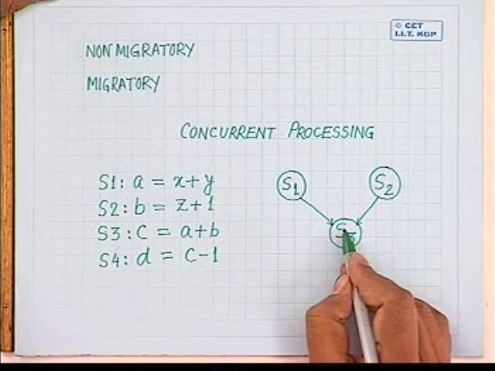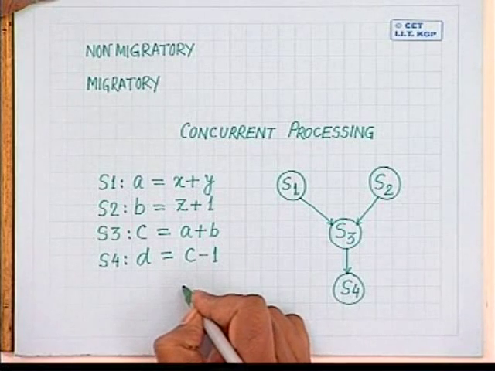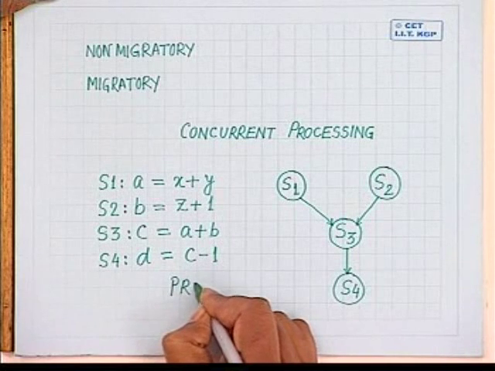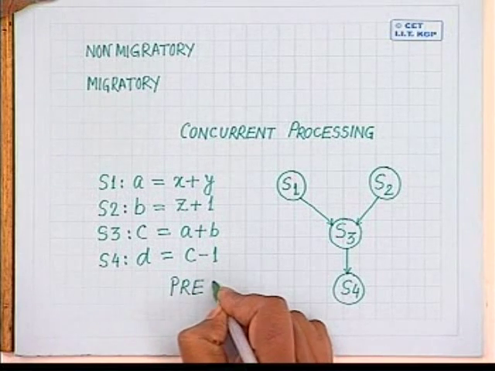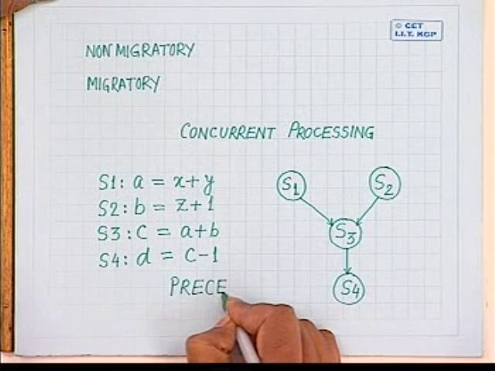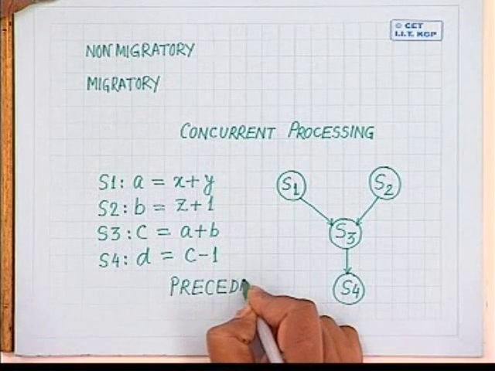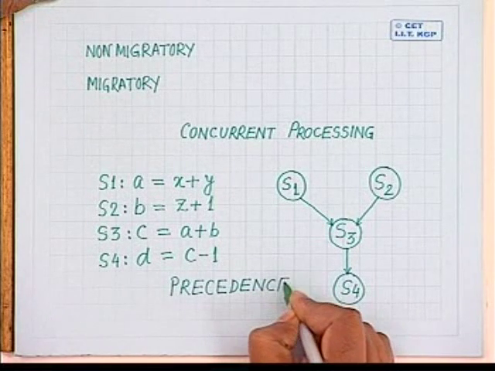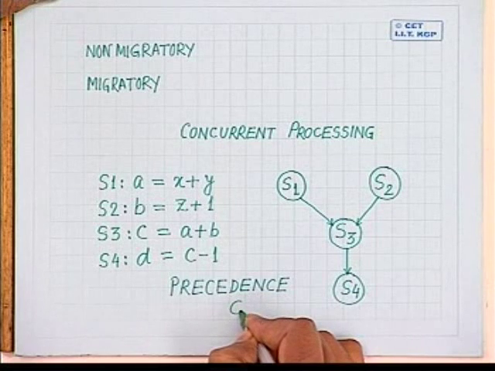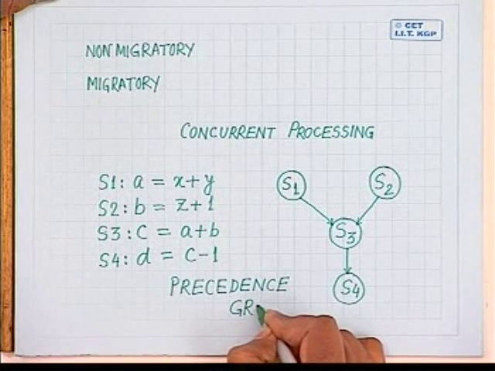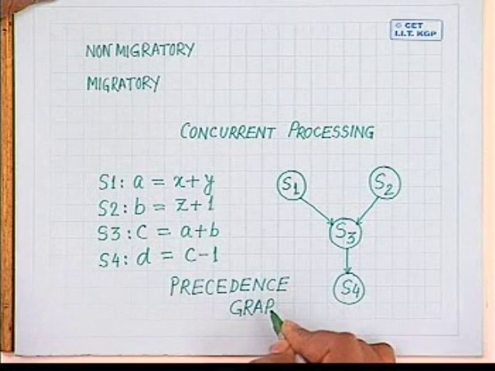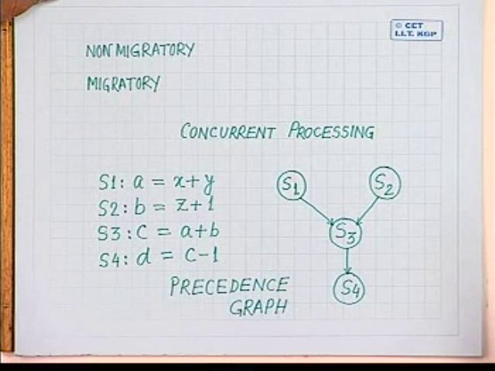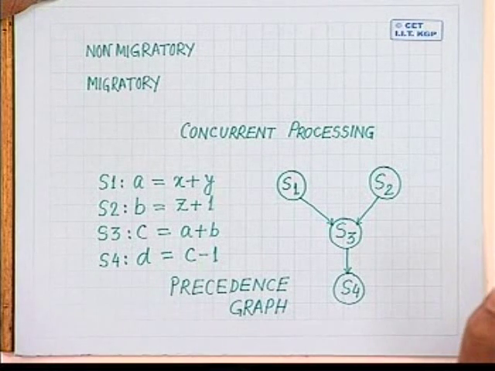And such a type of graph is called a precedence graph. Because it tells us what is the precedence relationship among the different subtasks of a given task.